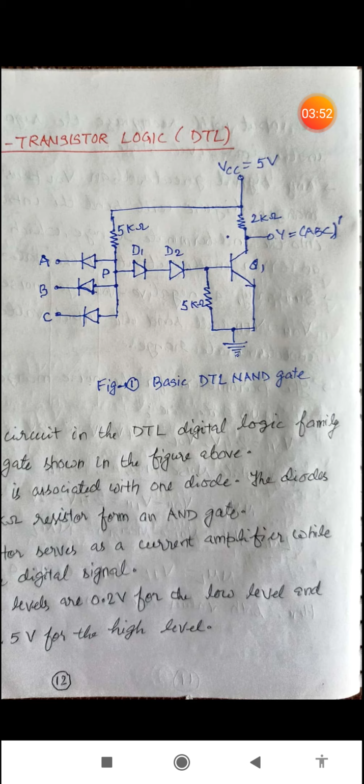Since all inputs are high at 5 volt, and since we are getting only 2.1 volt at point P, the input diodes are reverse biased and off. Now with the transistor saturated, the output drops to VCE equal to 0.2 volt, which is the low level for the gate, and thus the operation of the DTL NAND gate is verified.